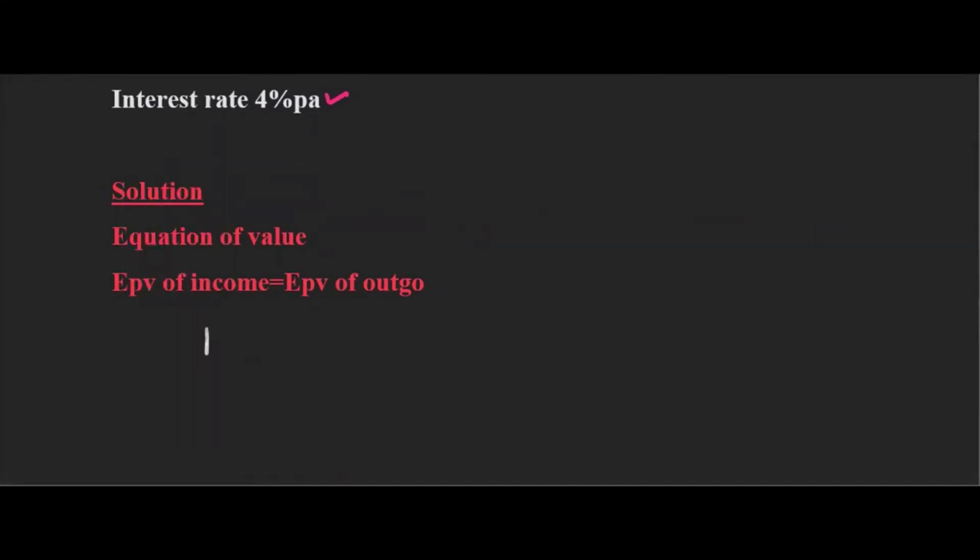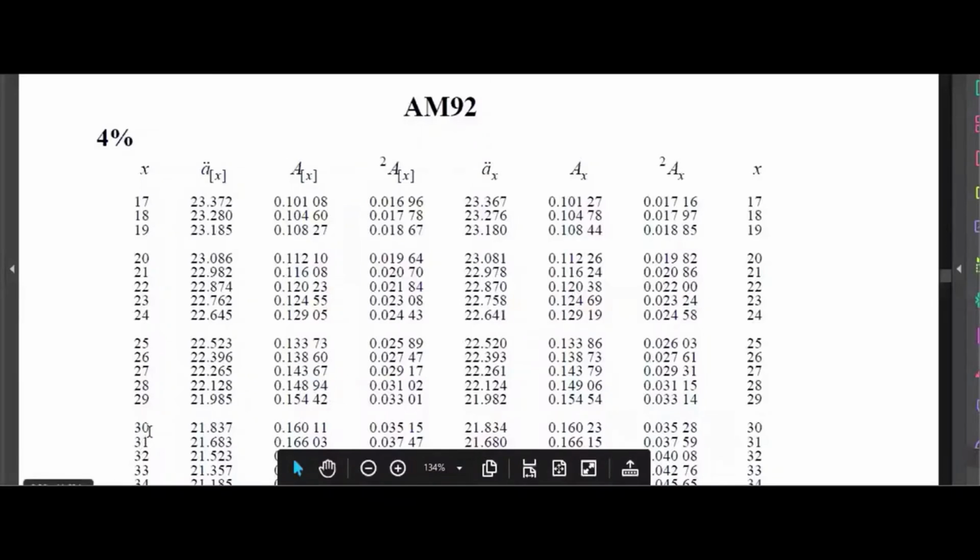So P should be equal to 50,000 A30. For that, you need to see the table. Here for age 30 at 4% interest, this is 0.16023.